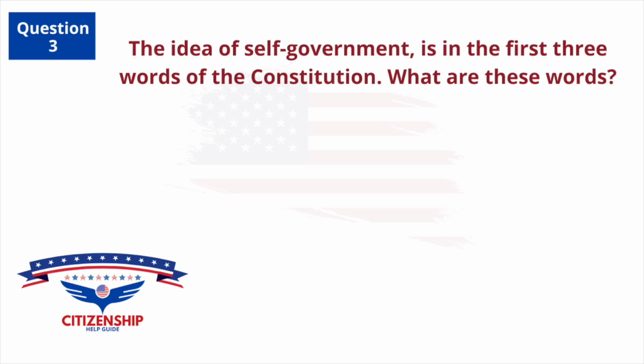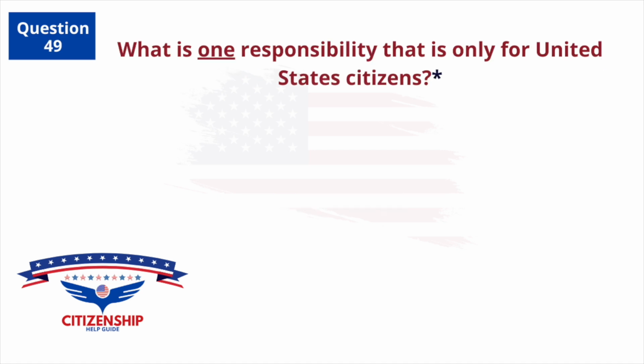The idea of self-government is in the first 3 words of the Constitution. What are these words? We the people. What is one responsibility that is only for United States citizens?